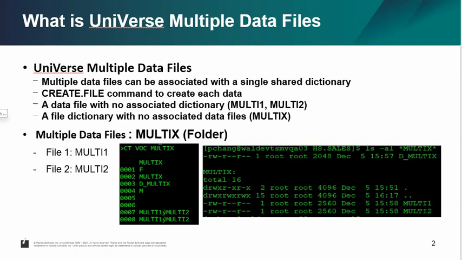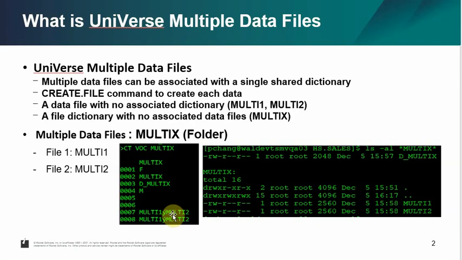The data file has no associated dictionary of its own, for example multi1 and multi2 are under the multi-x folder. The multi-x basically has one dictionary, but it can have many data files. So here's just an example: multi-x is the folder, and the data files will be multi1 and multi2.